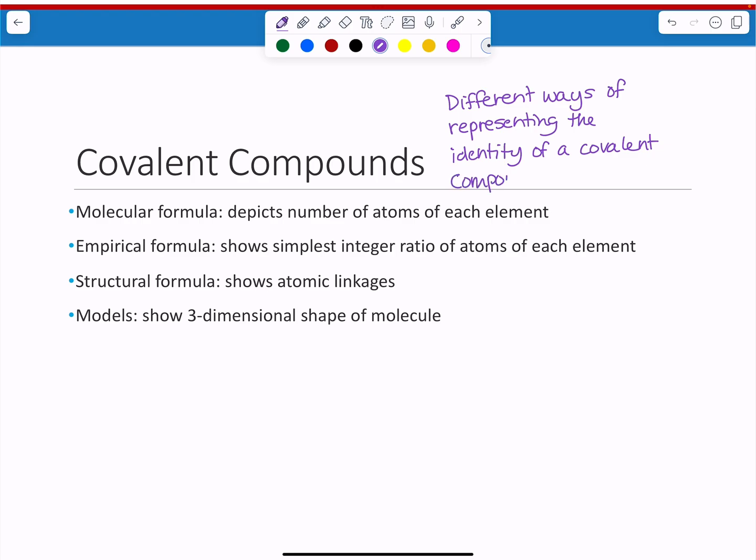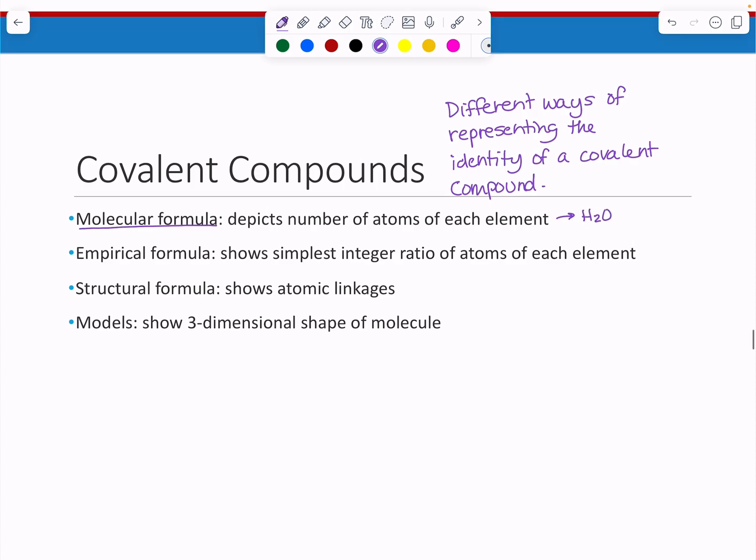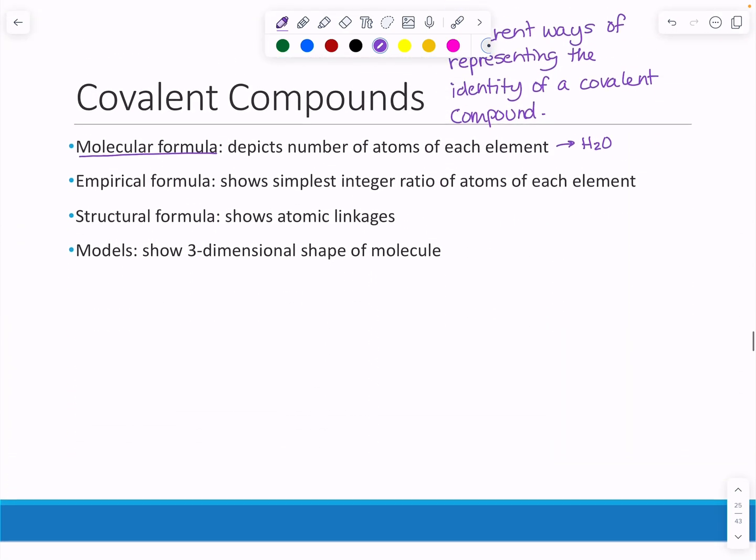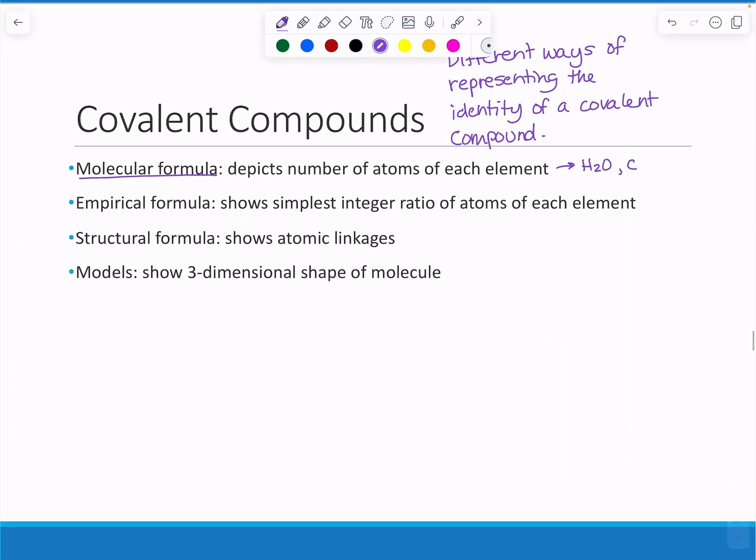Okay, so we have something that's called the molecular formula. And that's what we wrote when we wrote, for example, our H2O, or with the other example we had, C3H8O, right? So C3H8O. All right, now the empirical formula is going to be related to the molecular formula, but it's going to give us the simplest integer ratio of atoms of each element.